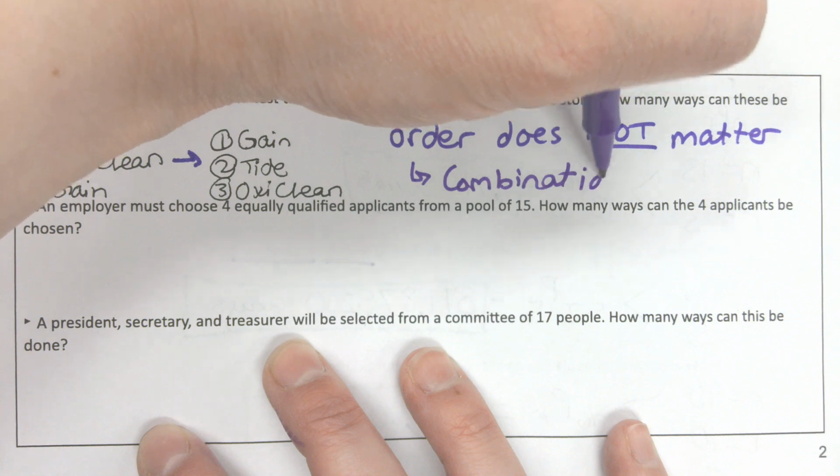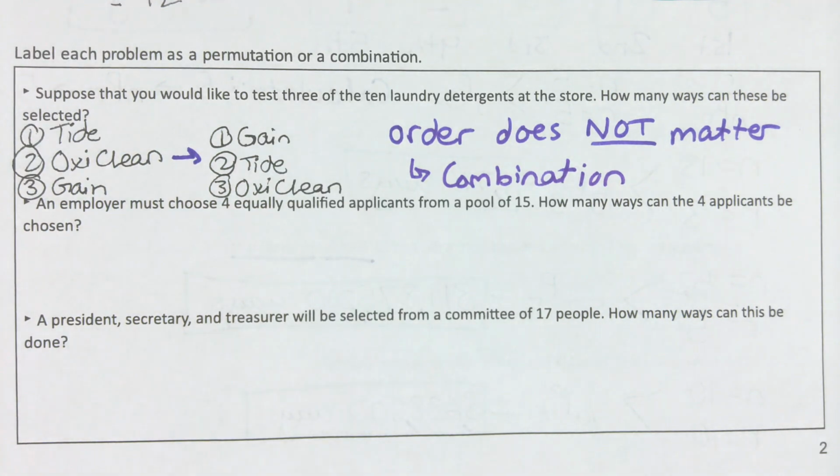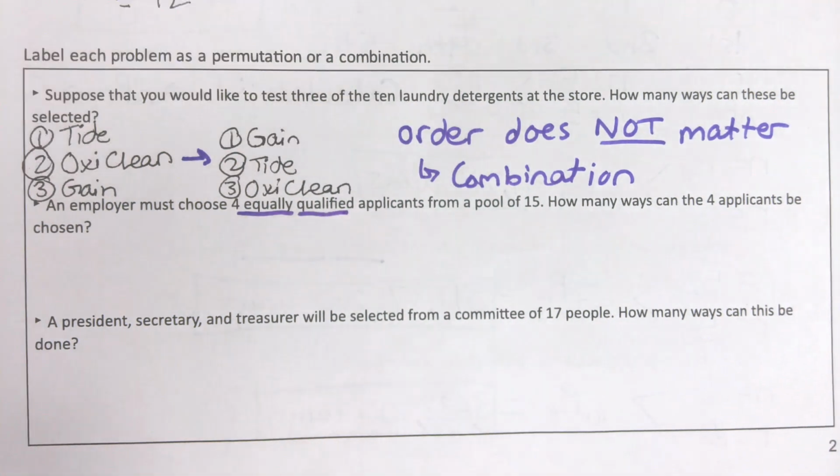Second problem. An employer must choose 4 equally qualified applicants from a pool of 15. How many ways can the 4 applicants be chosen? Think about it for a moment, please. There are 2 words in here that give it away. An employer must choose 4 equally qualified applicants from a pool of 15. So there really isn't one advantage that one has over the other.